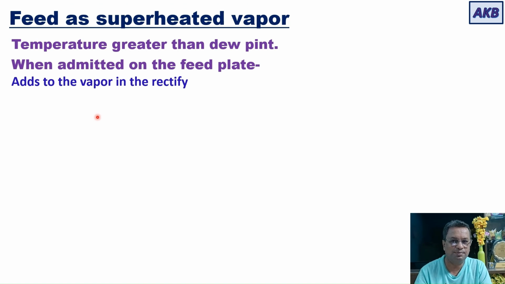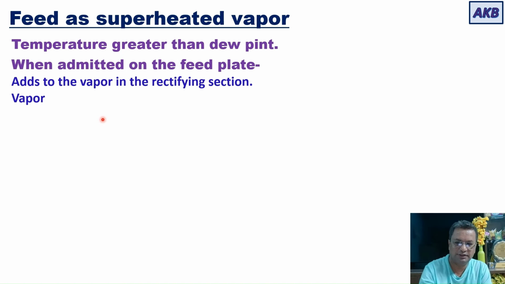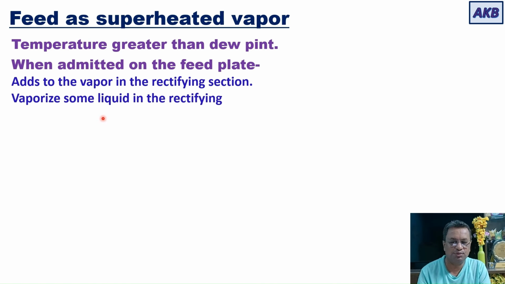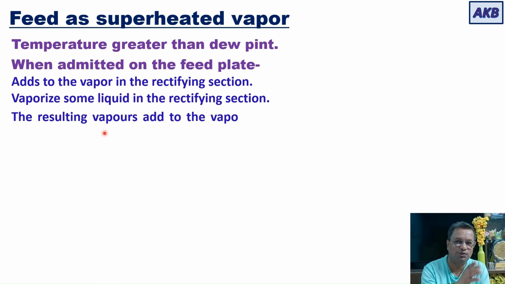The entire feed being vapor, all of the vapor will be adding to the vapor in the rectifying section. This is one thing. And due to the temperature of superheated vapor, some of the liquid in the rectifying section will be getting vaporized. And the resulting vapors will be adding to the vapors in the rectifying section.